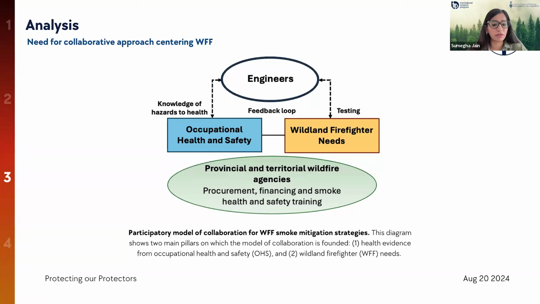In addition, the weak correlation between level of health concern and PPE usage reveals that simply raising awareness isn't enough. Contextually appropriate protective equipment design and a deeper understanding of smoke health impacts are essential to ensure regular use. In this collaborative model, engineers engage in a feedback loop with occupational health and safety experts and wildland firefighters, while agencies play a key role in procuring and enabling the use of PPE.